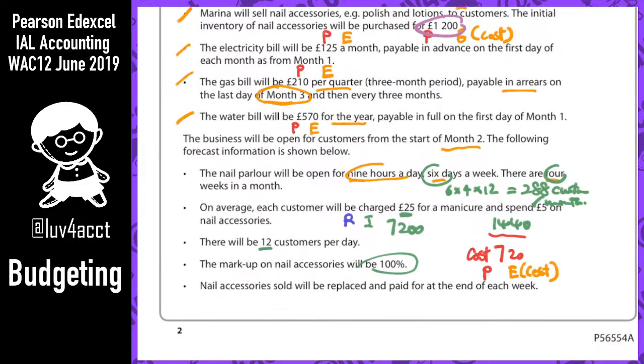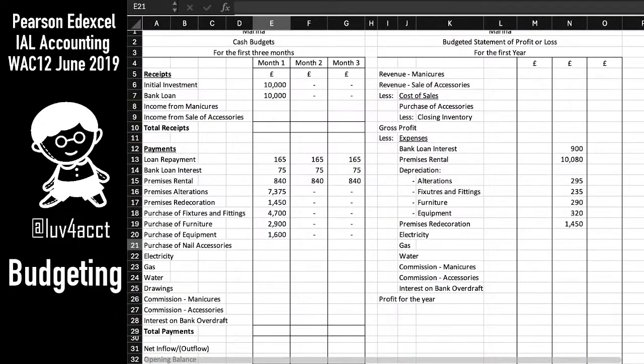And then don't forget we have for the following months 720 for each month. First month different. So let us go back. Here, purchase of nail accessories will be 1200 for the first month, 720 for the next, and then like this. It will also go into purchases.